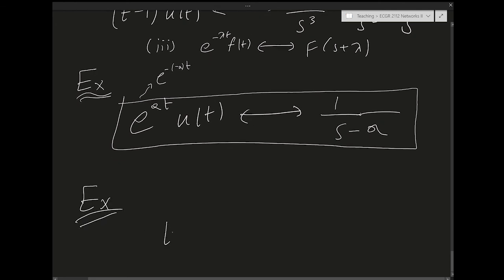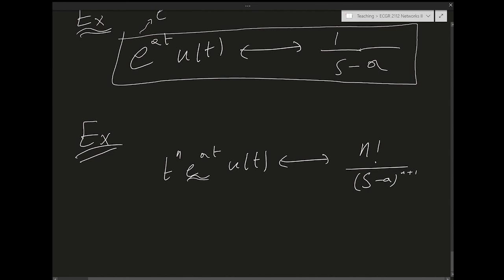We can now mix t^n and e^(at) u(t). We start with the transform of t^n, n! over s^(n+1), but multiplying it by e^(at) is equivalent to translation in the s domain by minus a, so this becomes n! over (s minus a)^(n+1).